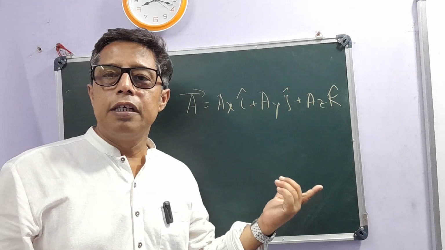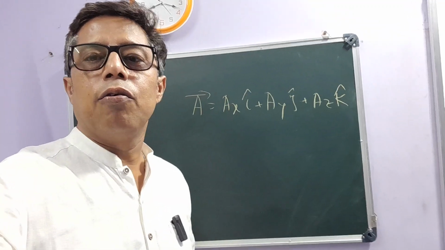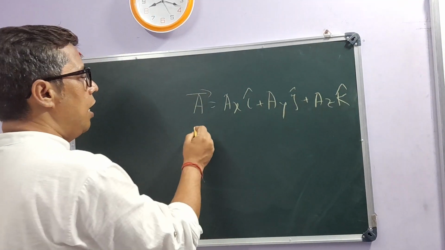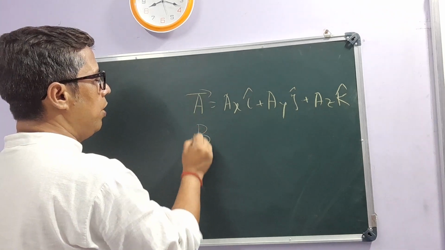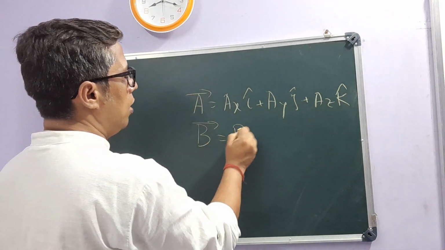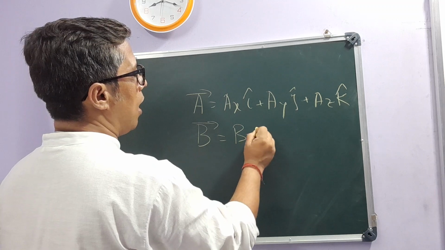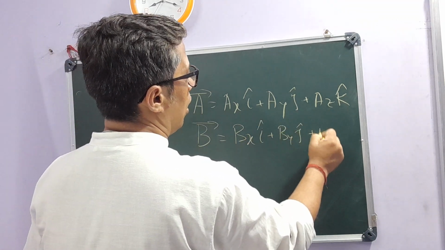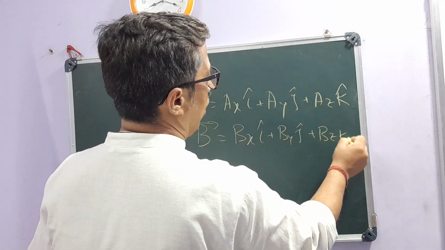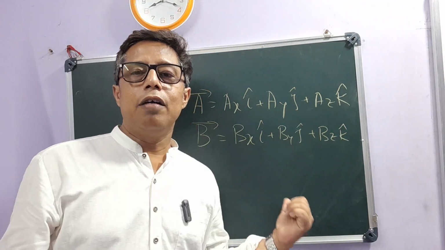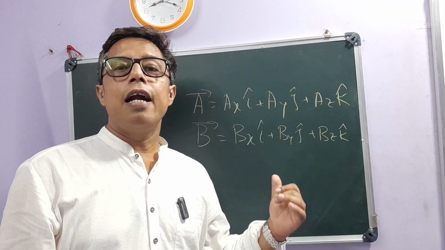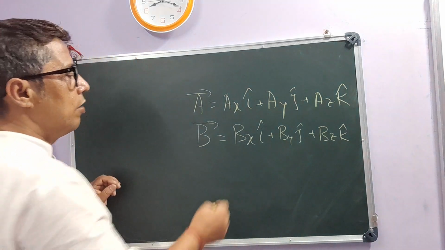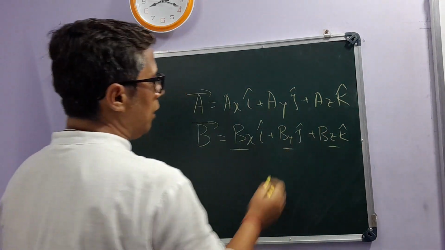This is a vector representation, the standard vector representation. Okay, now let's say I have one more vector, B vector. So it will be Bx i cap, By j cap and Bz k cap. These are the standard vector representations. Get adapted to these things. Okay, so these are the magnitudes, these are the directions.